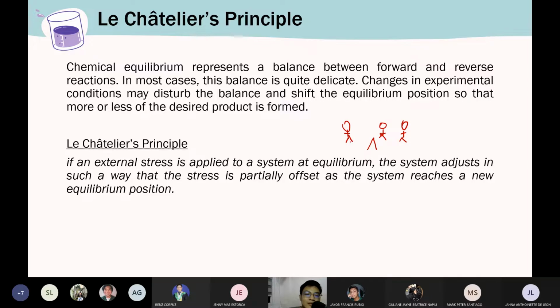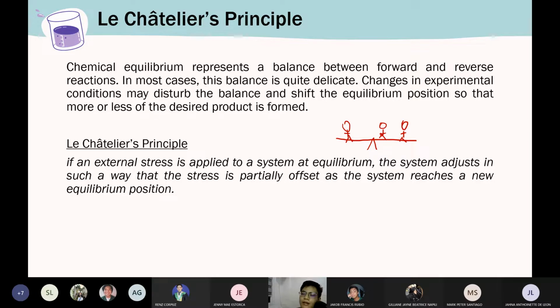In chemical systems, it's the same. When there are external changes that you apply to your equilibrium system, the system will automatically find a new balance, so that equilibrium is re-established. We call that Le Chatelier's principle. Le Chatelier's principle is a set of statements that describes how the equilibrium system will adjust if there are external stresses.